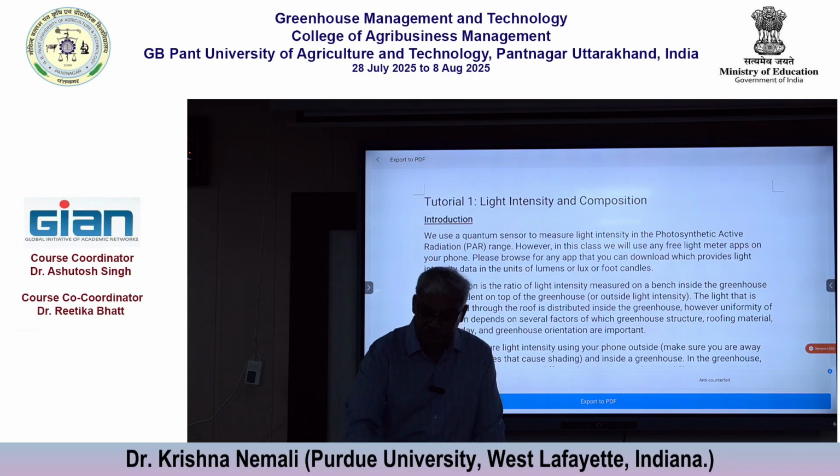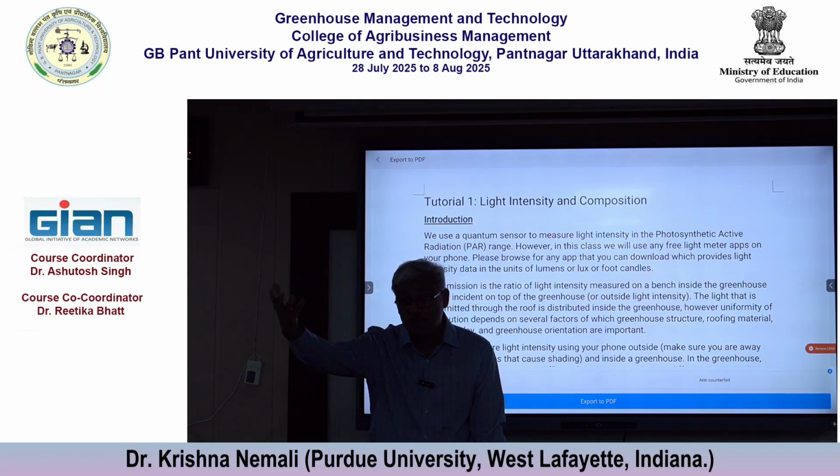The reason this cap is green is because this material is reflecting green light. That's how we see the color of this cap. What you see is what is being reflected from an object.